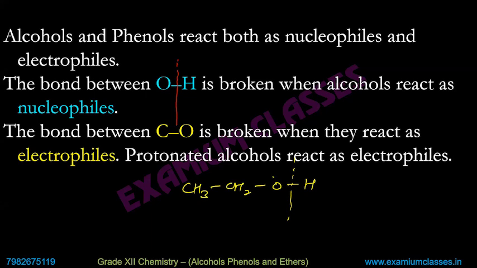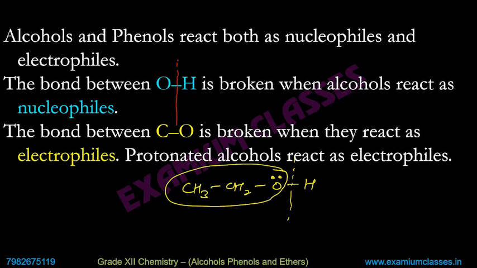It means this part will act as nucleophile. Although remember that first, I will show you the mechanism. First, hydrogen will not get detached. That is the last step actually. Hydrogen gets detached in the last step.